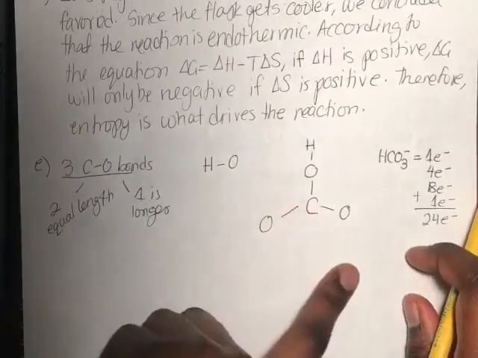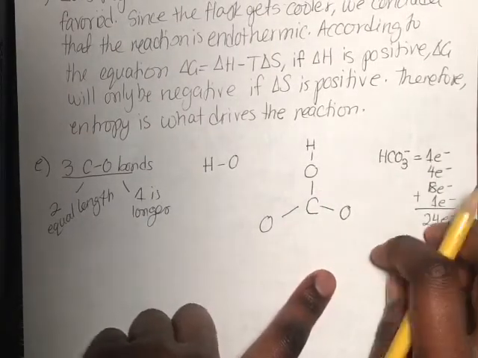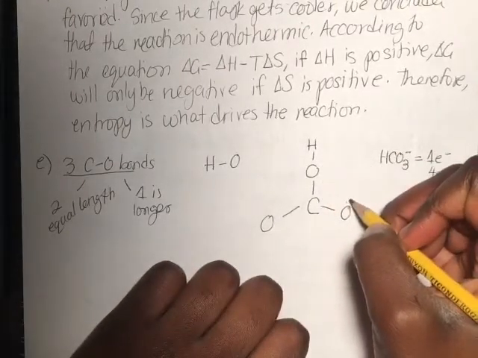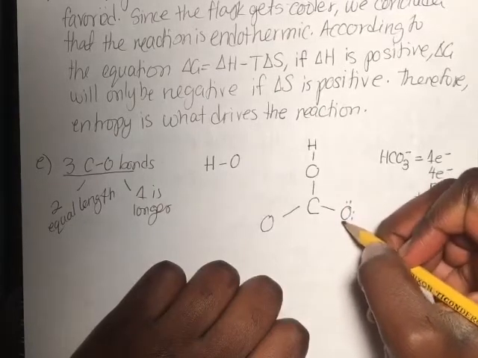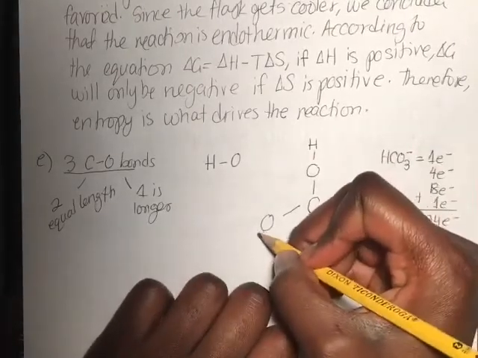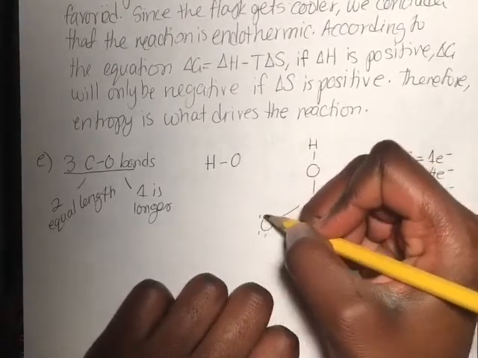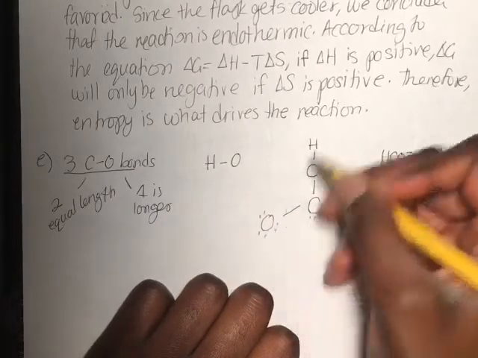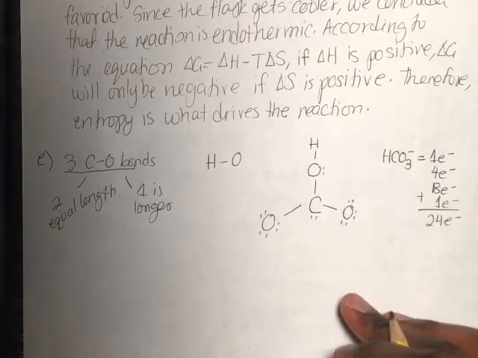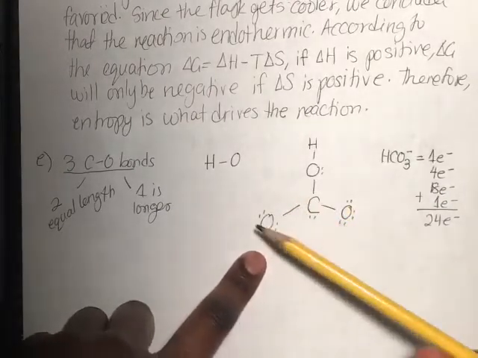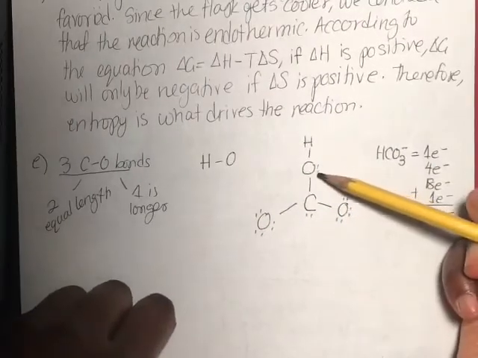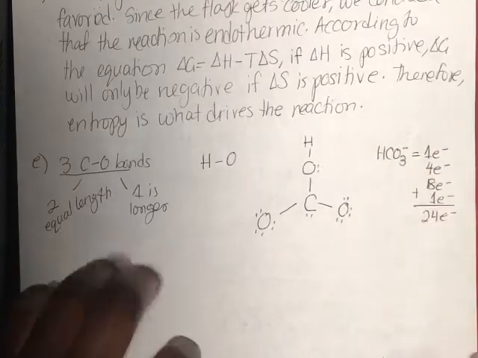So since we have 8 electrons so far, let's count up to 24 and see what else we can do after that. So we have 8, 10, 12, 14, 16, 18, 20, 22, 24. So we're out of electrons. But we notice that this O, that O, and C are all satisfied, but this O is not. So we have to help it become satisfied.